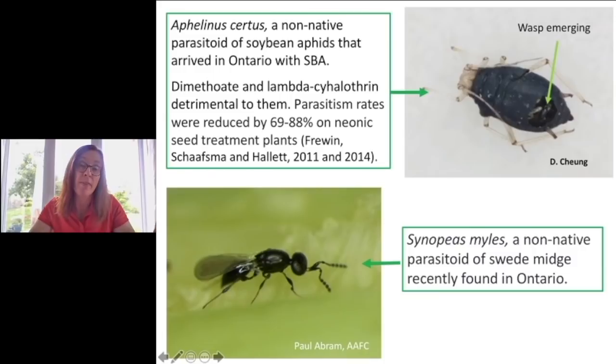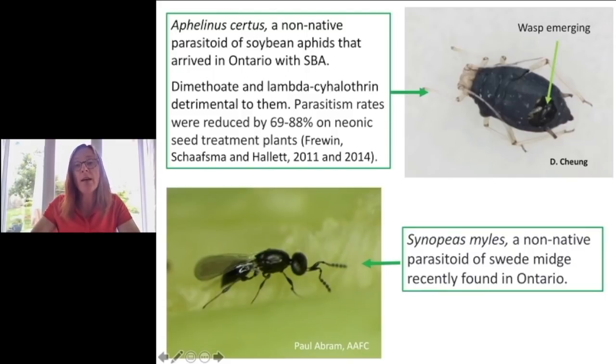So that was an example of one that was actually introduced and released from Europe, where cereal leaf beetles were from. These came accidentally. The top one is Aphelinus certus, which was found here shortly after soybean aphids arrived. So they came at some point with an introduction of soybean aphids. You can actually see the tiny wasp developing and trying to come out of the aphid.